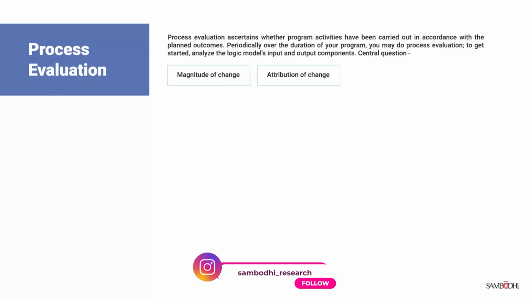It can also be used when a program does not achieve the objectives for the targeted populations. So periodically, over the duration of the program, process evaluation can be done to analyze the logic model's input and output components. The central questions of process evaluation would be to track two things: the magnitude and attribution of change.